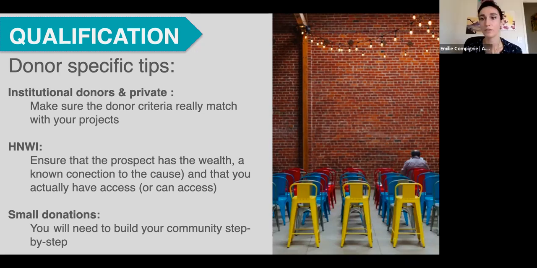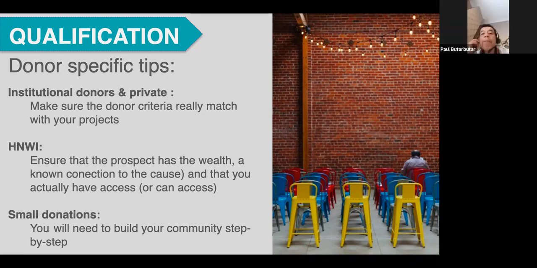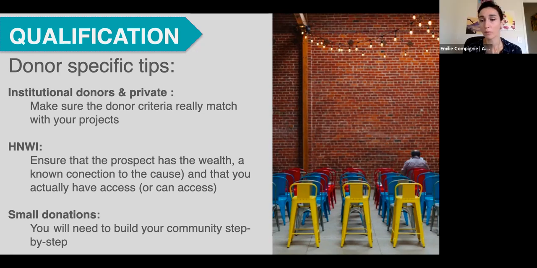So there are probably different ways, but how I would do it is really to emphasize what the problem is and show what your methodology is. You have to be very clear and very precise: we've seen this very specific problem, this is our added value, this is what we're going to do that maybe other organizations are not doing. What we say in sales is your unique selling point, and really what is your methodology?